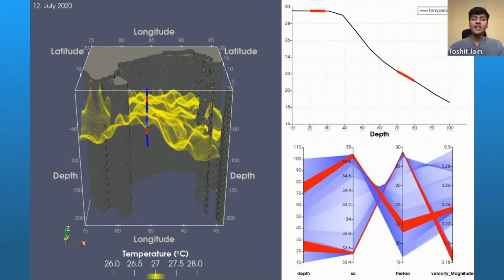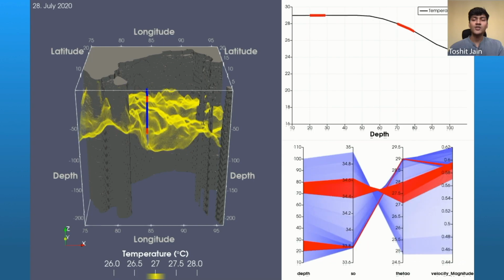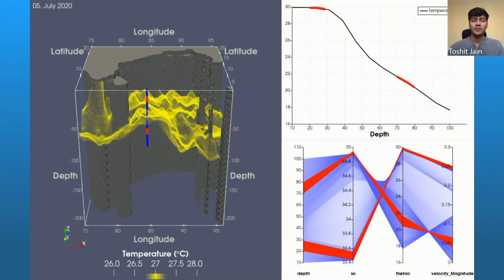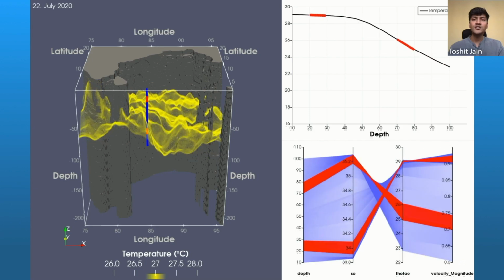The anticyclonic eddy pushes the warmer water down, and we can see a depression in the isotherm traveling towards the left. This is also evident as the line chart view starts to flatten.